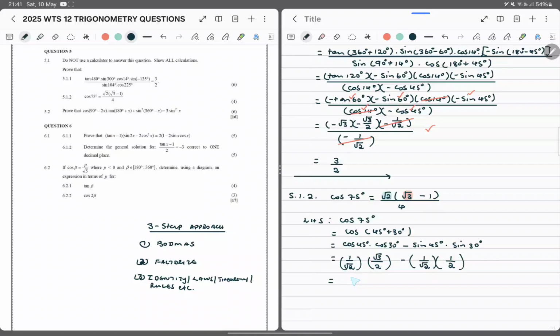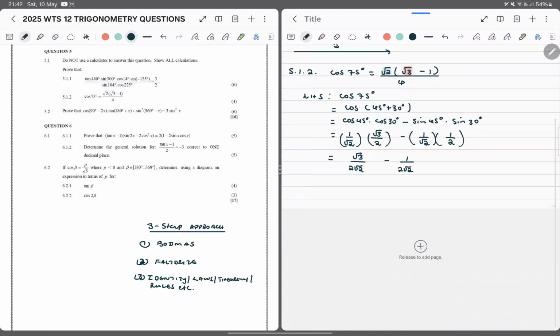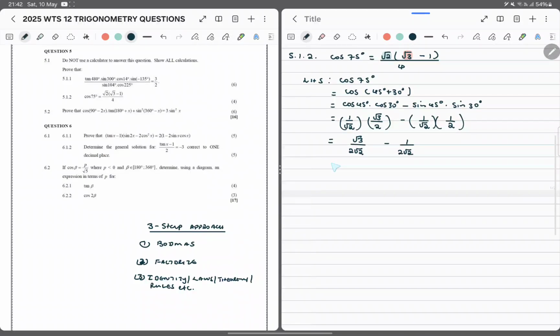Remember, brackets come first using BODMAS. So we have root 3 over 2 root 2 minus 1 over 2 root 2. Alright, so we've got a common denominator here of 2 root 2. Then we just simply add the numerators.